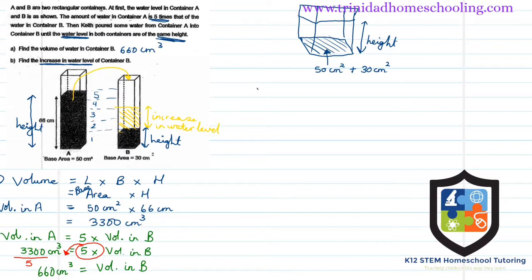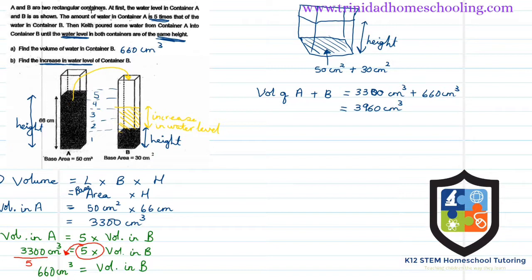So the total volume of A and B is, well, we found A here is 3,300 centimeters cubed, and we found the volume of B, which is 660 centimeters cubed. This will give us a total volume of water in both containers, 3,960 centimeters cubed.